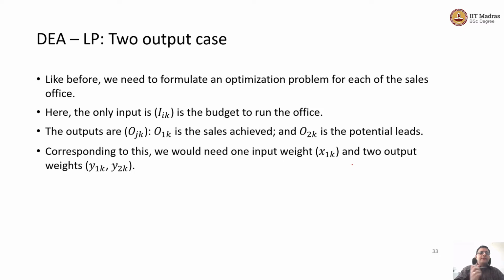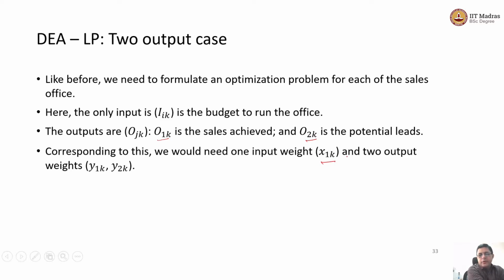Right? So for every sales office, we are going to have two outputs, O1K and O2K. K represents the DMU, so keep replacing K with 1, 2, 3, 4, 5. You will get the different output values, and these are the weights.